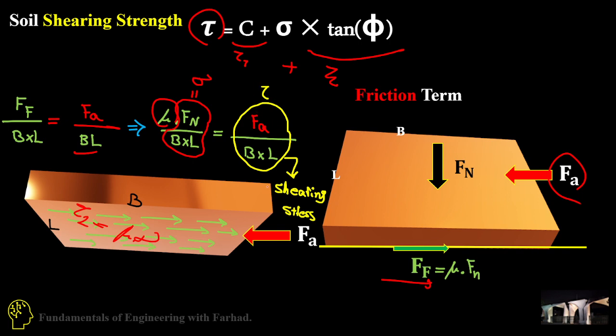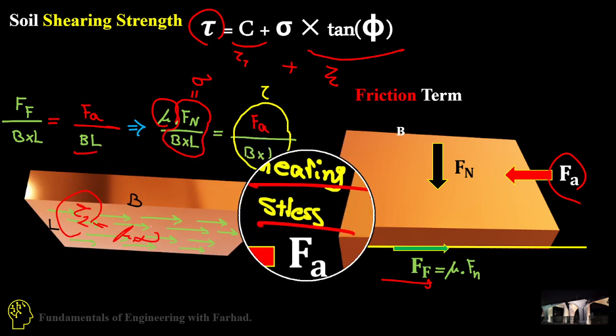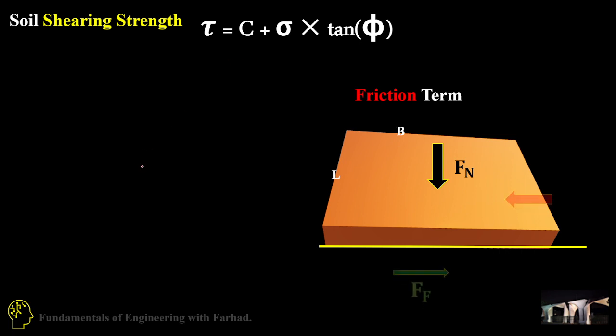The Fa over BL is also the applied shearing stress. So the shearing stress should cancel out the shearing stress applied to the soil. So tau2 is equal to mu times sigma, which we call the second component of shear strength of the soil.